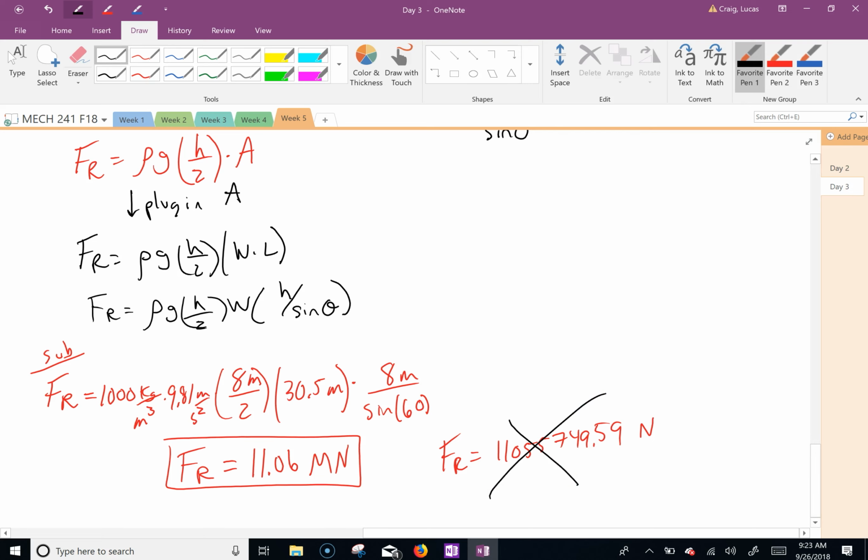You box your answer. Make sure you box again the variable with the number. And do correct sig figs for me. Don't give me 11,055,749.59 and box that. Okay, I will write on it. Sig figs.